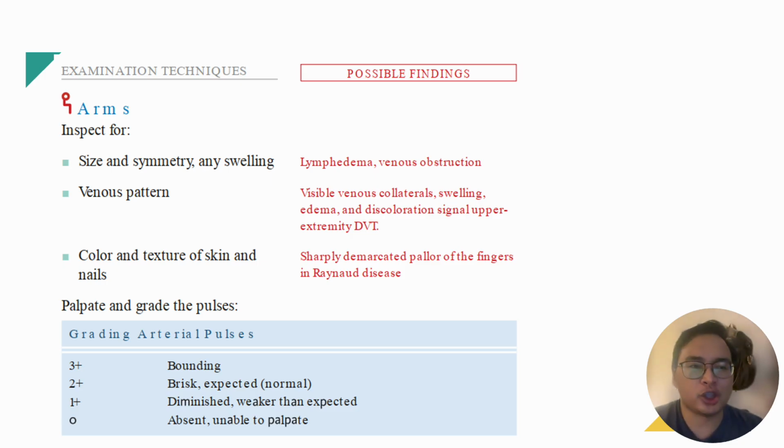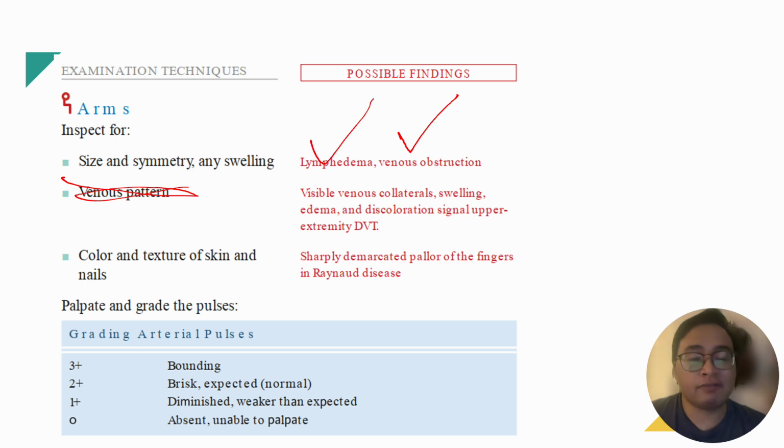So during inspection, we check for the size and symmetry. So if there is any swelling, the causes could be either venous in origin or lymphatic in origin. Okay, you could also look at the venous pattern. So if there's any obstruction, for example, upper extremity deep vein thrombosis, because of that obstruction, the blood is going to try to find the way back to the heart.